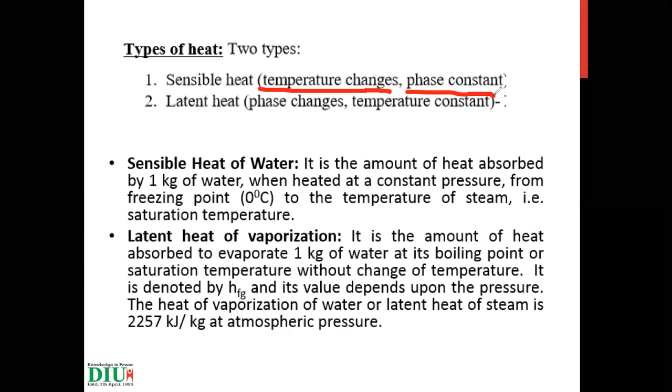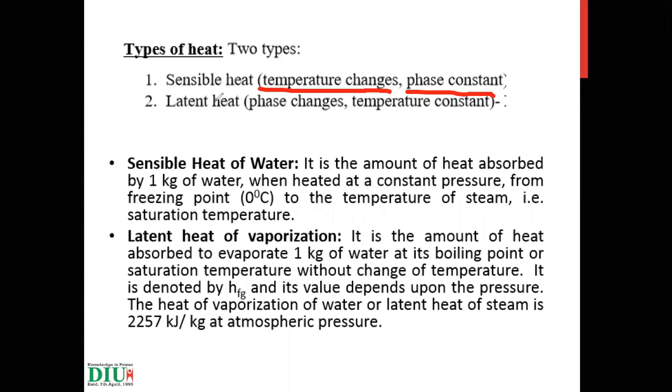There is no change of phase, but the temperature will change. That means 30 degrees Celsius water, after getting this sensible heat, becomes, suppose, 70 degrees Celsius water. The temperature changed from 30 to 70 degrees, but the phase is constant: water remains water. This is sensible heat.